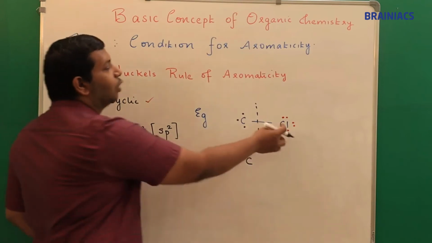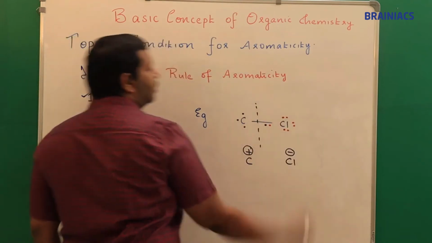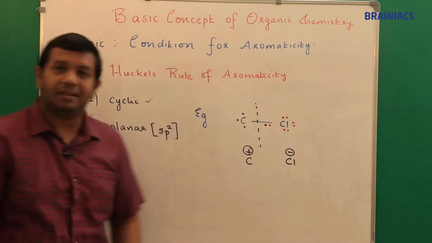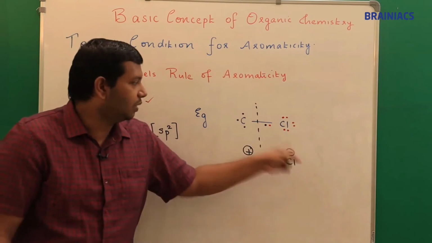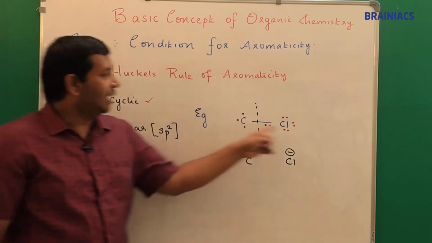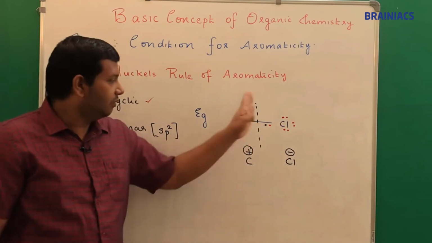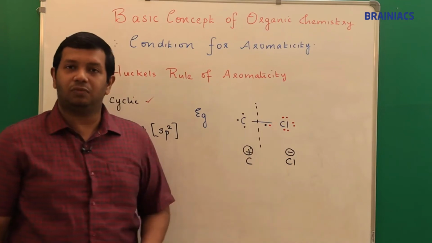Now similarly, when chlorine gains 1 electron, what will happen to the chlorine? It will gain a negative charge, Cl minus. Why? Because it has an excess electron compared to the proton. That's why the minus charge is coming. Understood? So depending upon the type of bonding between the atoms, when a bond is broken, you can see here a cation and an anion are formed.